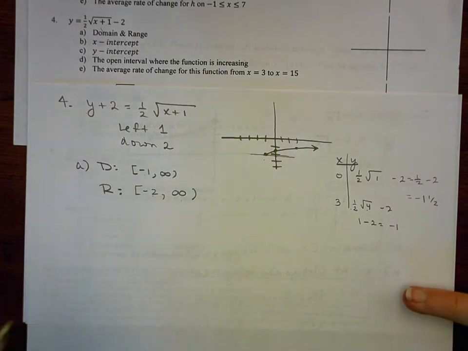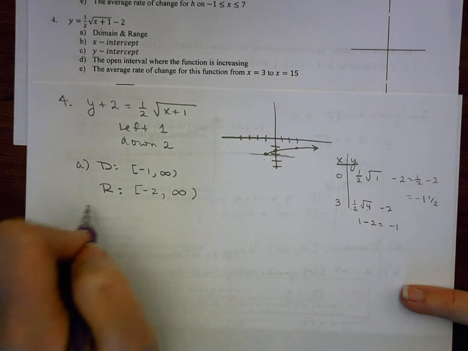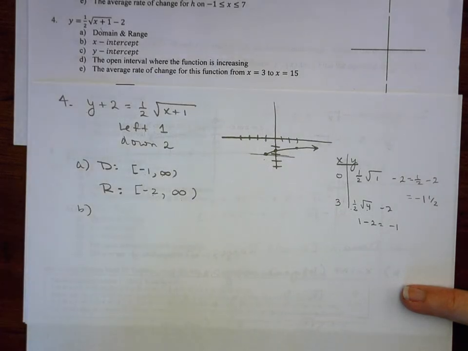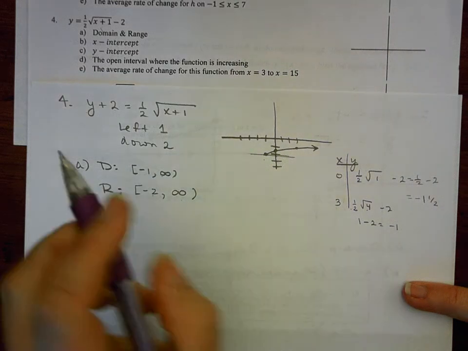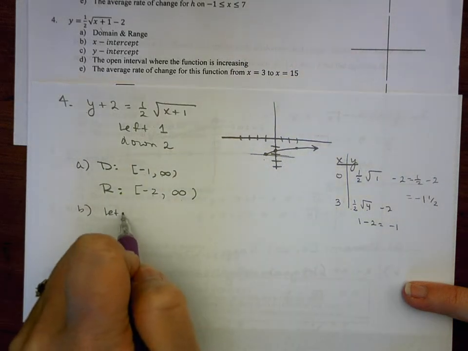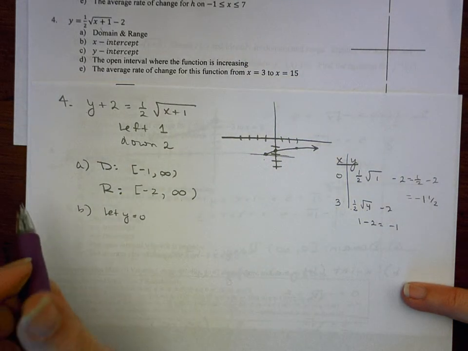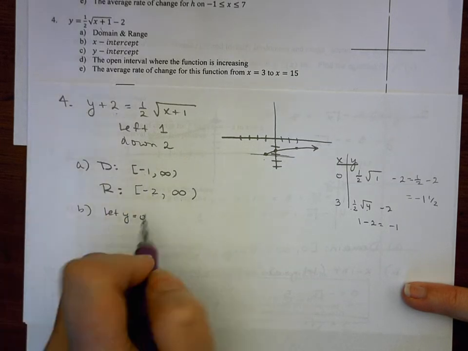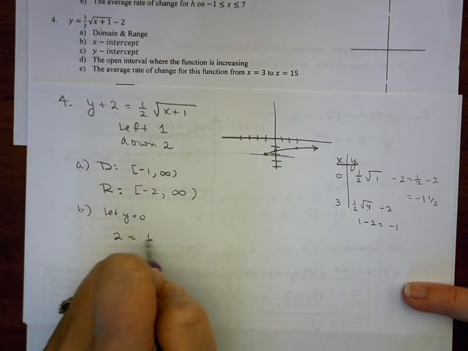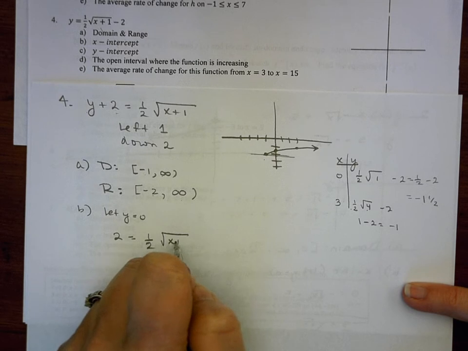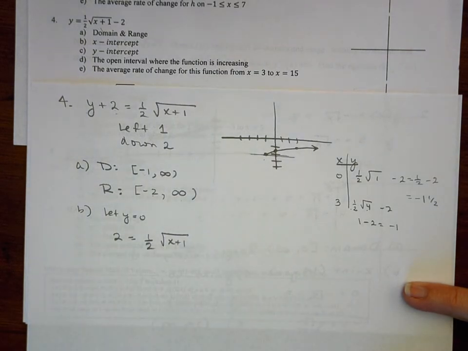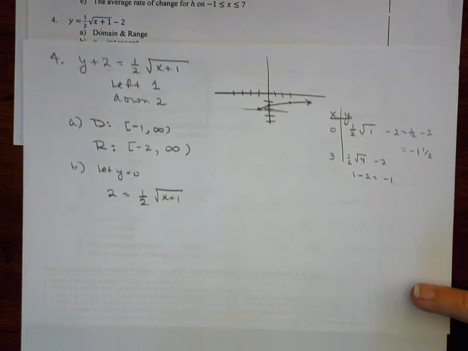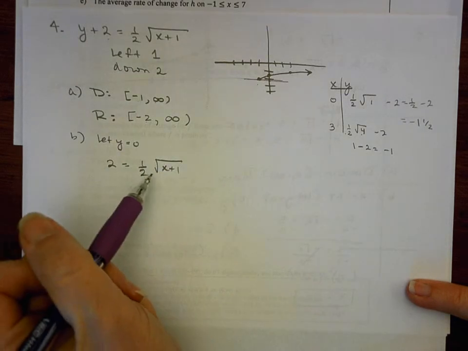Okay, and then for part B, they want the x-intercept. So the x-intercept, we can't tell by looking at the graph. So I'm going to let y equal 0. And then, so I'm just going to go from here. So if y is 0, that would be 0 plus 2. And then now I have to solve for x. And so in order to solve for x, I need to get rid of the numbers outside.